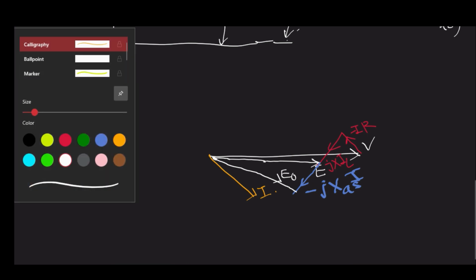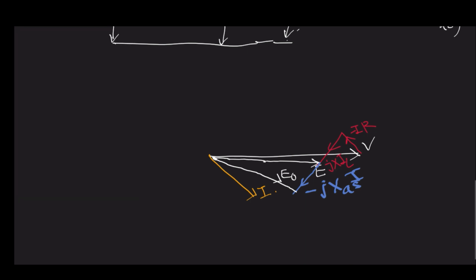This is from E. Now E is our cos, and FR, the resultant field, if we say it is FR, should lag E by an angle of 90 degrees. So let us draw FR.